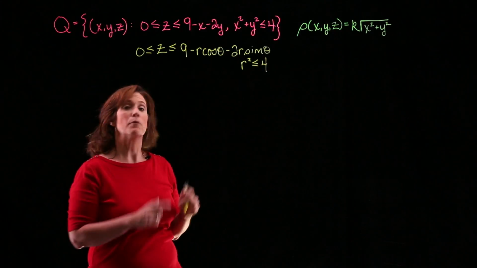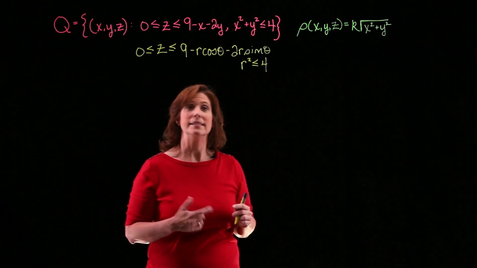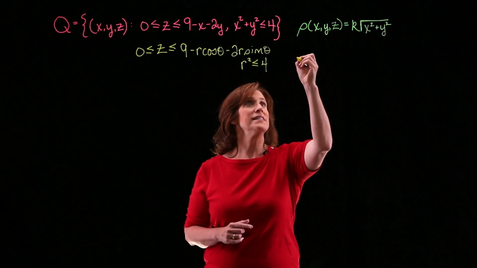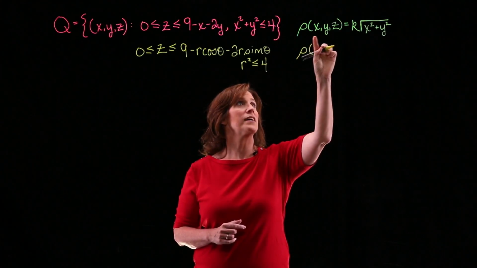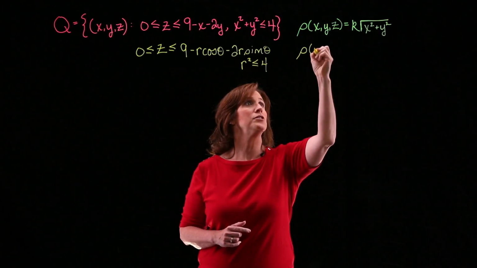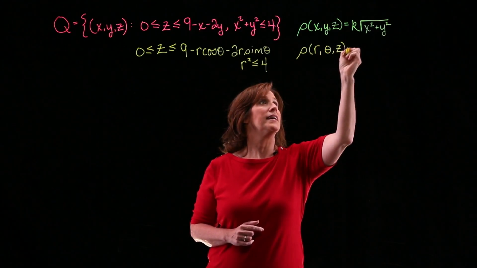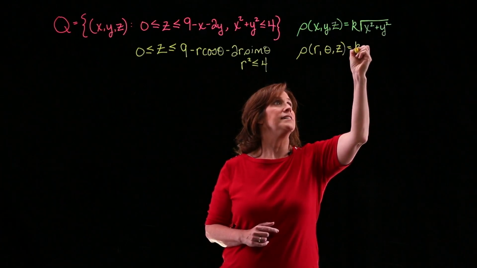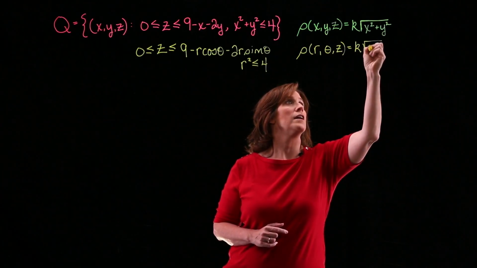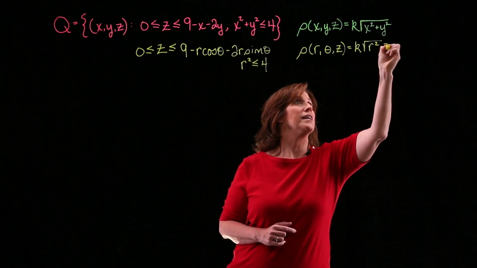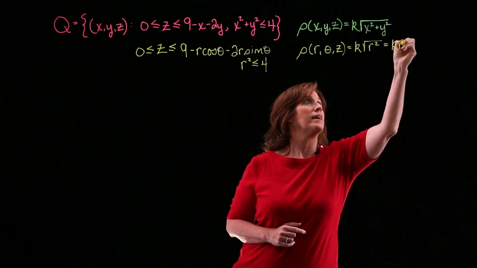All right, I'm going to do the same thing for my density function. So for my density function, instead of being in terms of x, y, and z, it'll be in terms of r, theta, and z. And so my function is k times the square root of r squared, which is k times r.